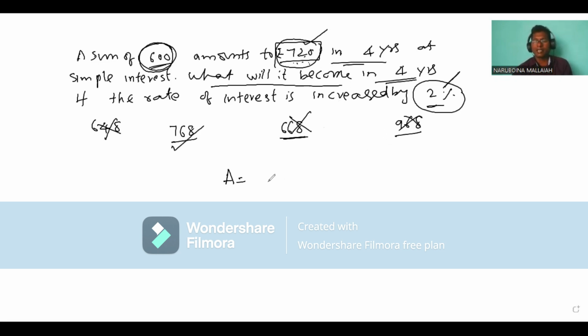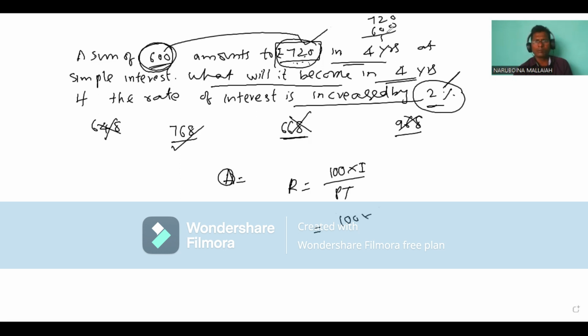Now I will explain in the ordinary method. Here the interest is increased by 2%, so first we have to find the earlier interest rate. To find the rate, use this formula: 100 into I by PT. 600 becomes 720, so subtract and you get 120 interest.